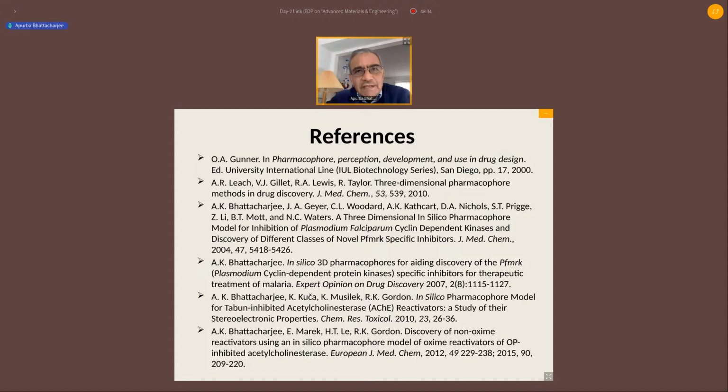Fast metabolism. Yeah. Orally it goes to the stomach and then the intestine, liver, and other places, and then it goes to the blood. But the pharmacophore is not going to define that kind of thing.